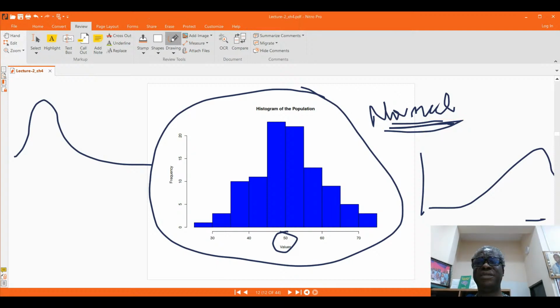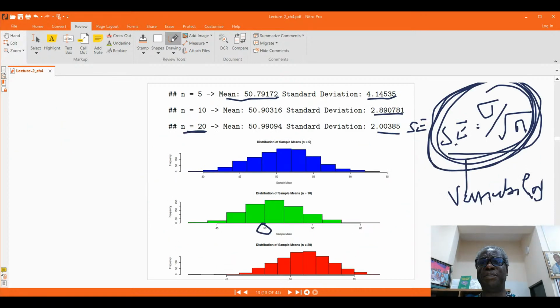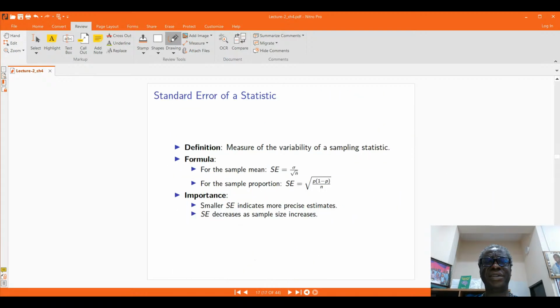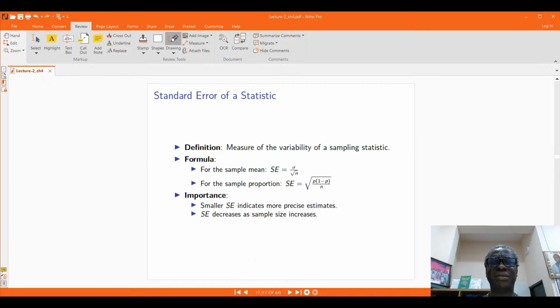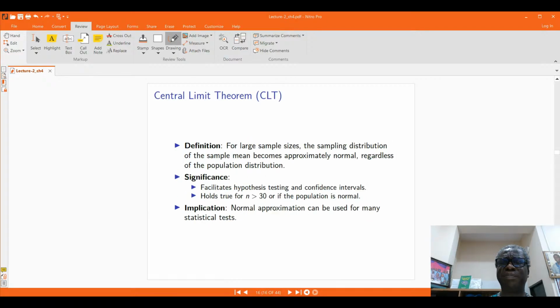So if the parent population is normal, there is no problem. Of course, the sampling distribution of the sample mean will be normal.